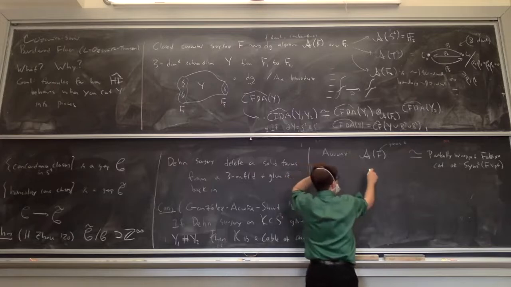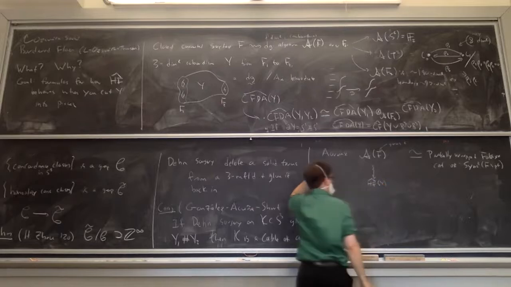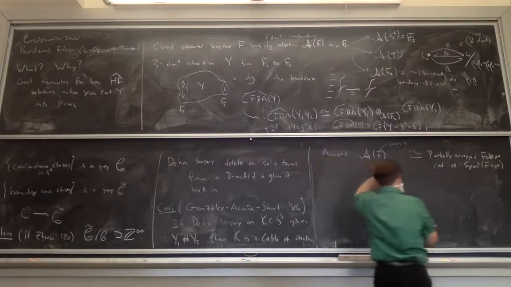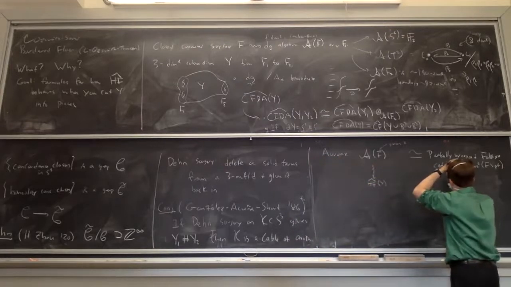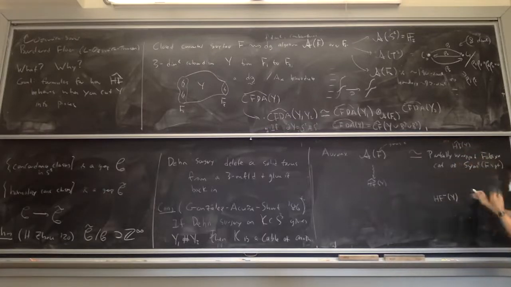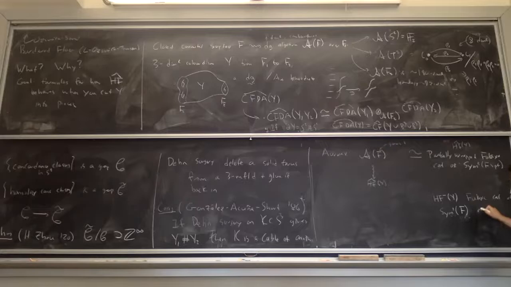So this somehow gave us this invariant HF hat of Y. Now, if I want to understand HF minus of Y, this should be about the Fukaya category of Sym k of F relative to, well, it depends, relative to a point cross Sym k minus 1.